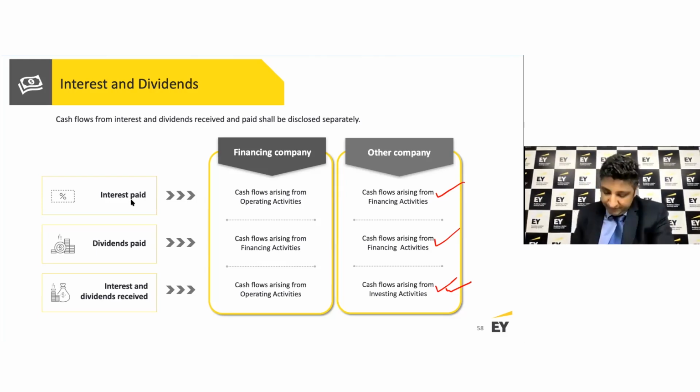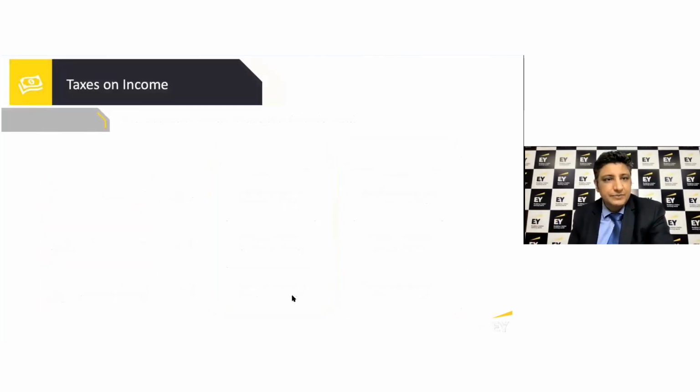However, importantly, any interest paid for a financing company would still be an operating activity. A dividend paid is essentially a financing activity, because you're still talking about dividend paid on shares. And interest and dividend received would be part of your operations per se.